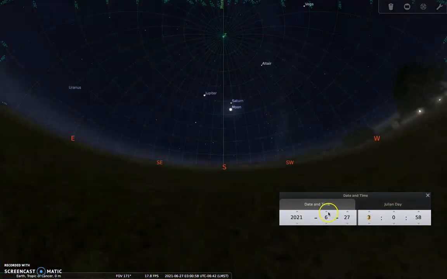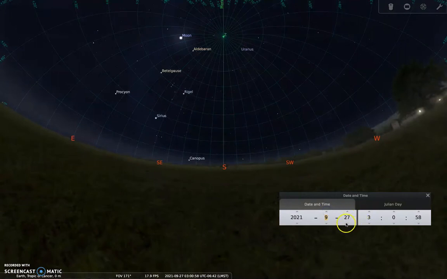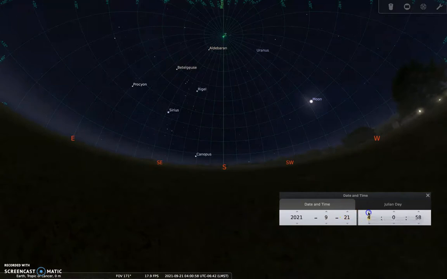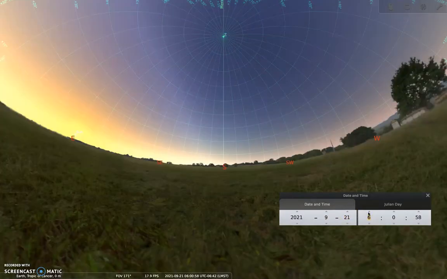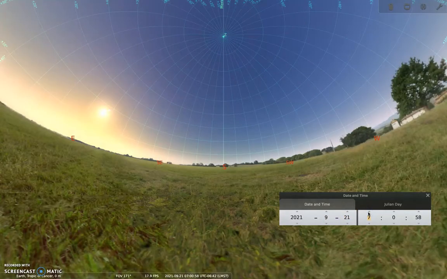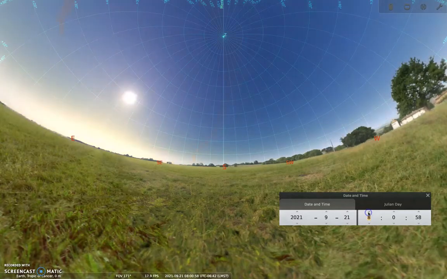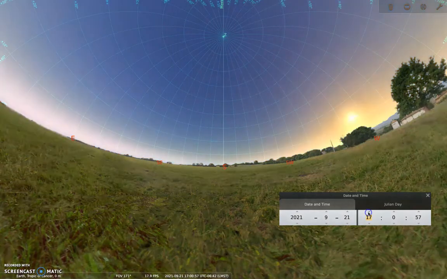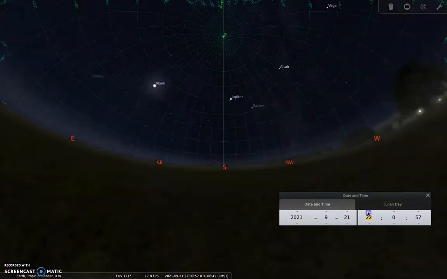Now it's nighttime, and let's go to the September 21st. There we go. Equinox. Sunrise. Hey, look at that. Back at due east now. And then it rises very similarly to what it did in March, and then it goes down and sets pretty much due west.